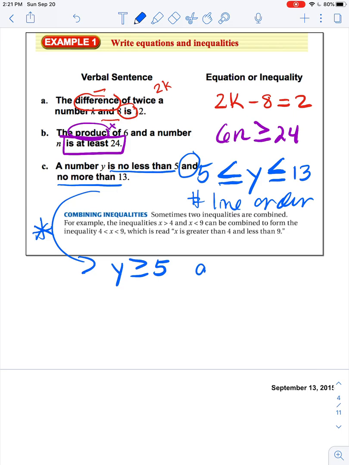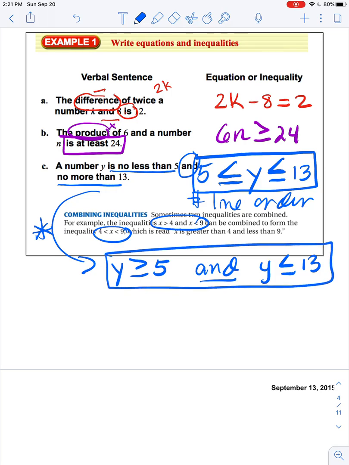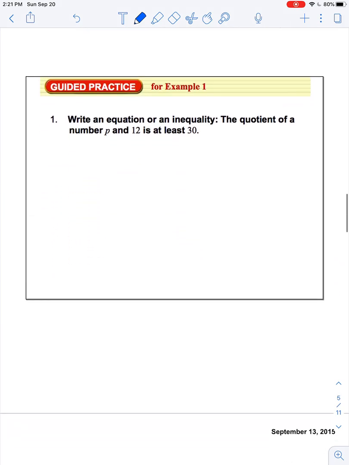That's no less than. And it also has to be less than or equal to 13. That would be another acceptable way to write it. So you can see here they wrote this expression two different ways. So whichever of these makes the most sense to you, that is fine with me. Both of those, as long as you have that and written in there, so I know you know it has to be both things.